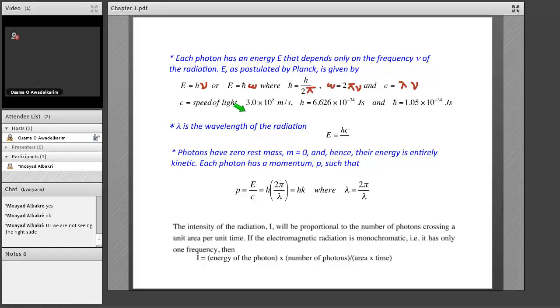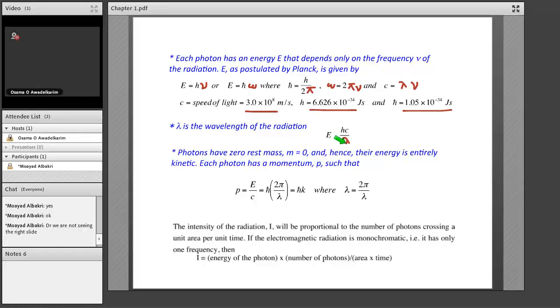So c is the speed of light, h is Planck's constant, and h bar is reduced Planck's constant, and we can also write the energy of the photon as E equals h c over lambda. So this is a summary.